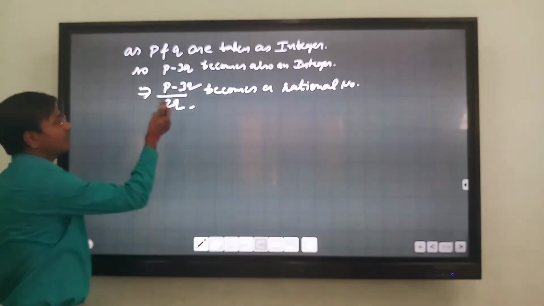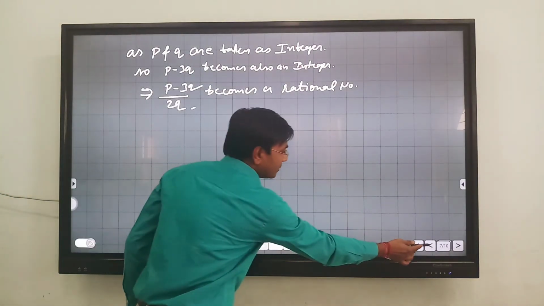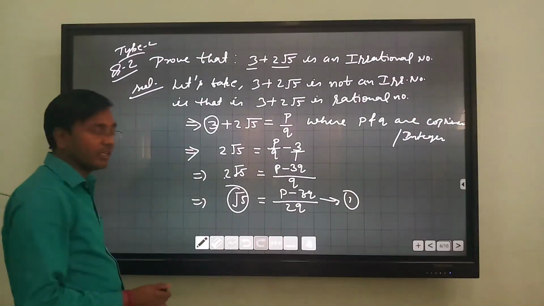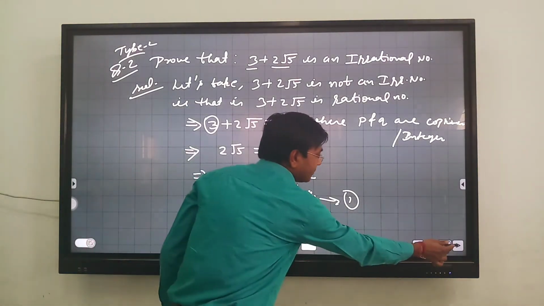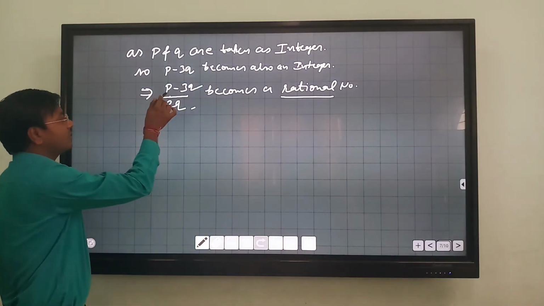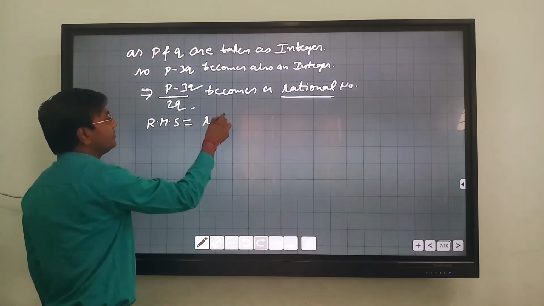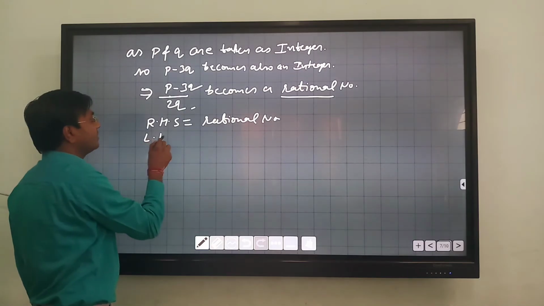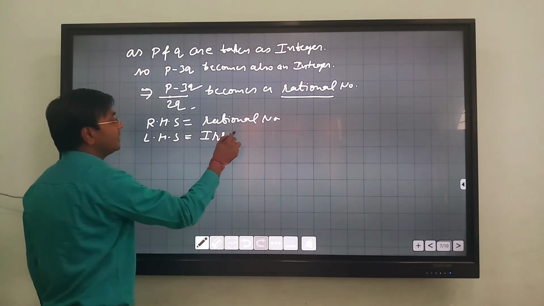So what was on the left hand side? Remember, check once again: under root 5. Under root 5 is an irrational number, because we proved it in question number first. And what we have just proved is that the right hand side becomes a rational number, and on the left hand side, under root 5, that is an irrational number.